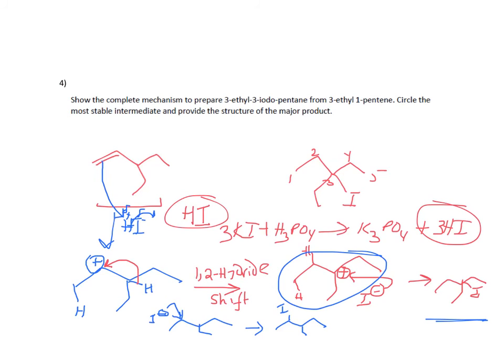Another way that you could have done this would be if you would use what is called an iodosuccinimide. That usually goes through a free radical reaction. So your starting reaction would abstract, NIS.